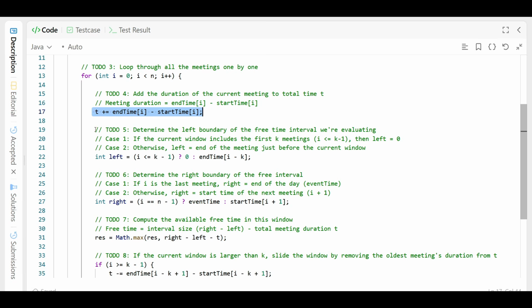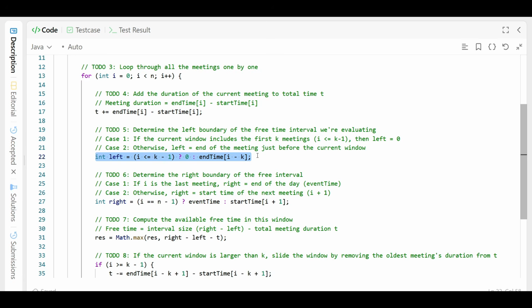Now in the next step, we want to determine the left boundary of the free time interval that we are calculating. There will be two cases. Case 1: if the current window includes the first k meetings, that is, i is less than or equal to k minus 1, then left is equal to 0.